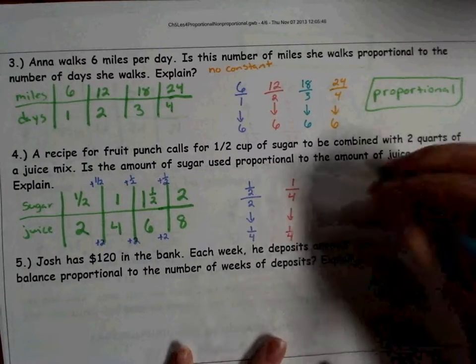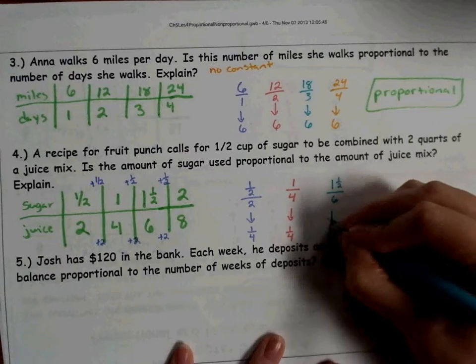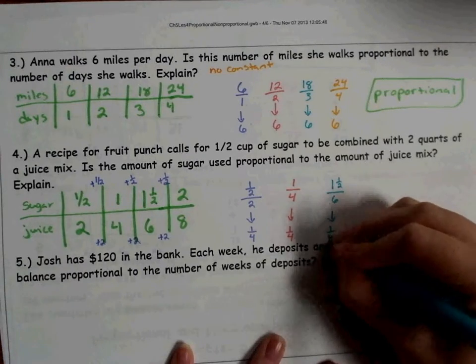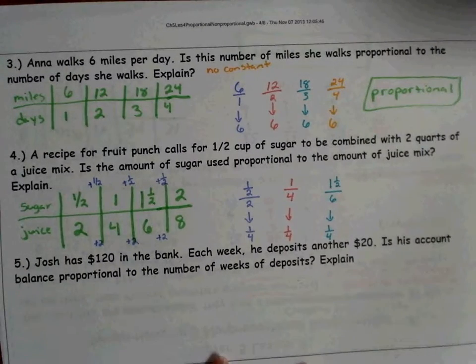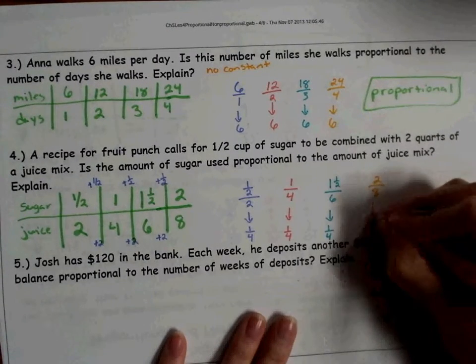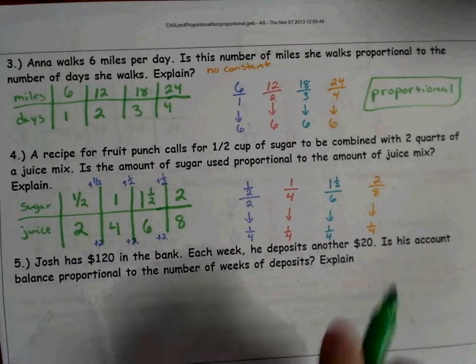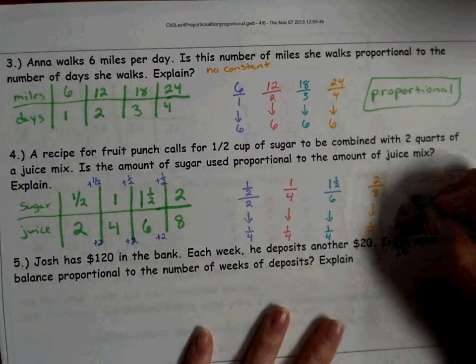If we take 1 and 1/2 and divide it by 6, that's going to give us 1/4, or 0.25. And if we do 2 divided by 8, it'll give us 1/4, or 0.25. So this again would be proportional because there's not a constant present, is there? No.